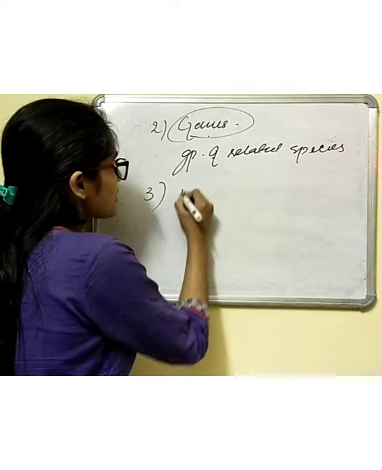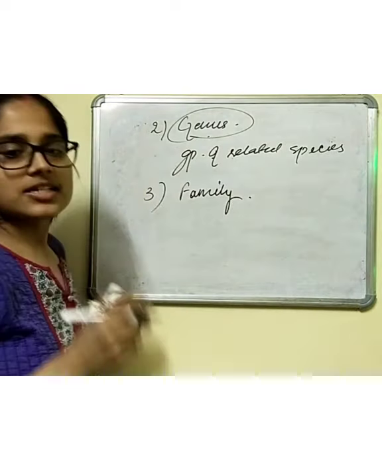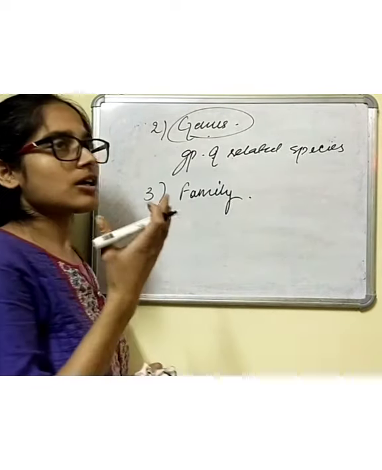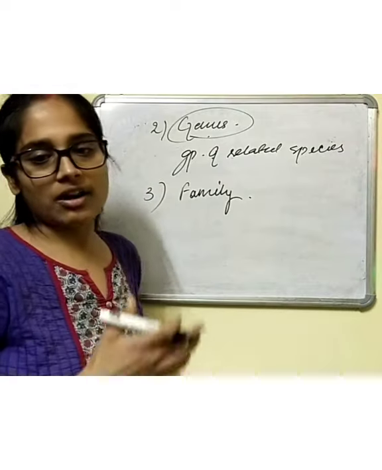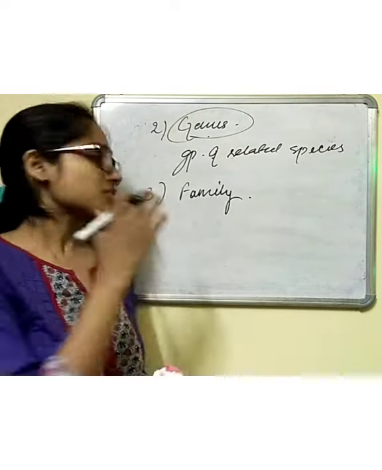Now the next one is family. So what is a family? It is an assemblage, a group of related genera, which is the third level.